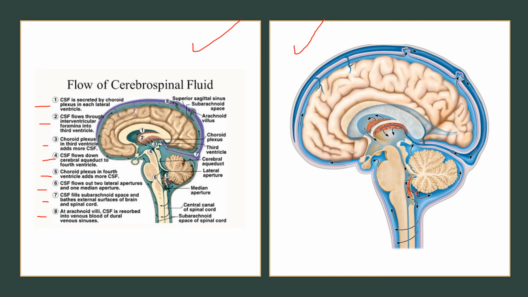So first things first. Follow this through. Read this. Take notes. Okay. So cerebral spinal fluid is secreted by the choroid plexus in the lateral ventricles. Okay. So secreted here in the lateral ventricles, and then flows up and out through the lateral ventricles. In the lateral ventricles, there's little areas, sinuses, if you will, that bathe this tissue, okay?